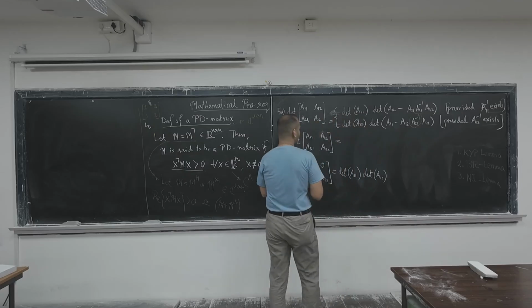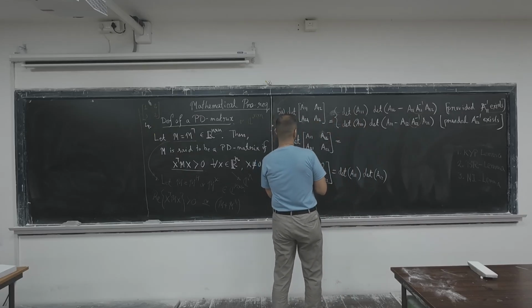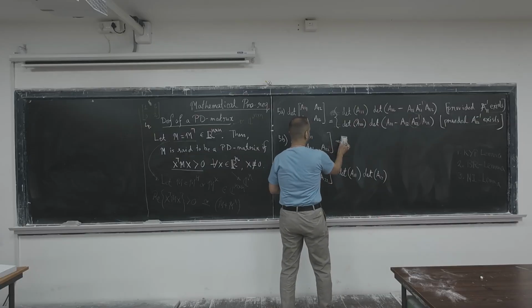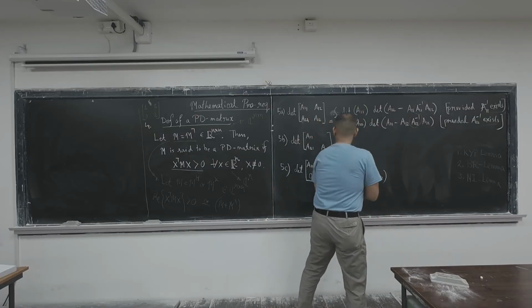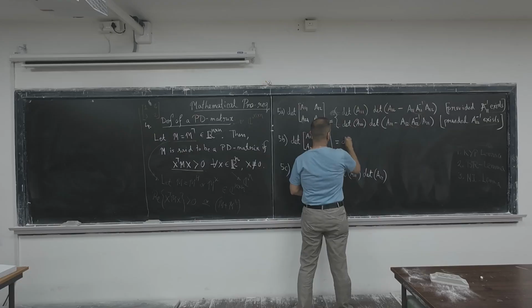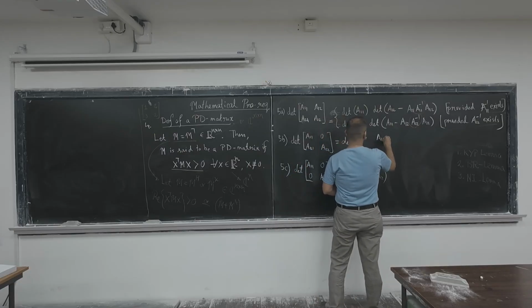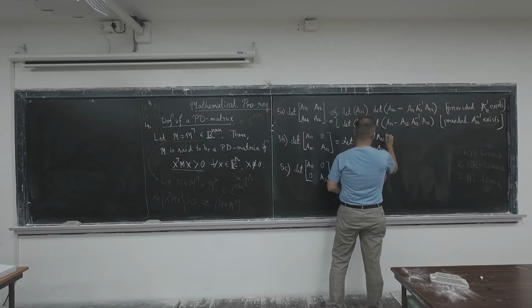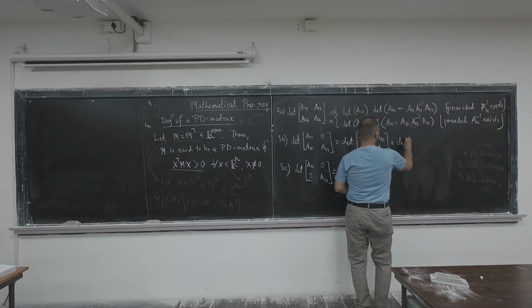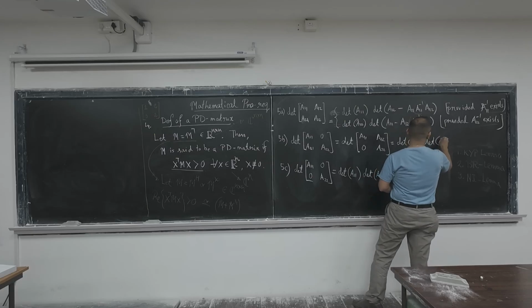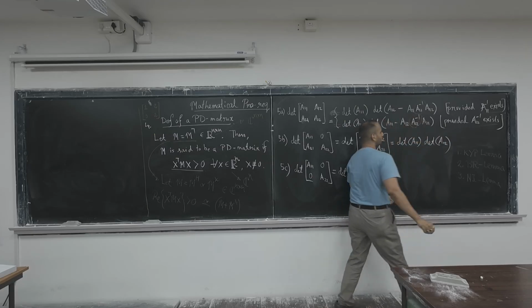And earlier what I wrote, suppose it is upper triangular or lower triangular, then it will be determinant of A11 into determinant of A22.